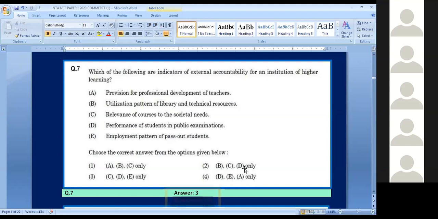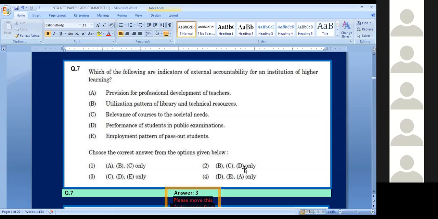Utilization pattern of library and technical resources, is that so? Definitely not. Nobody would look at the utilization pattern of library and technical resources in a higher education institution. Rather, employment pattern is what matters. That's why the answer is C, D, E. Is that clear? See, I didn't read anything fully.